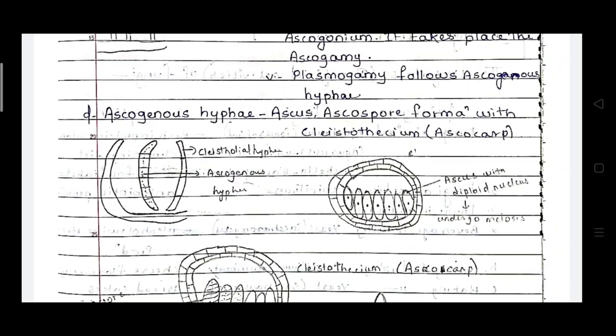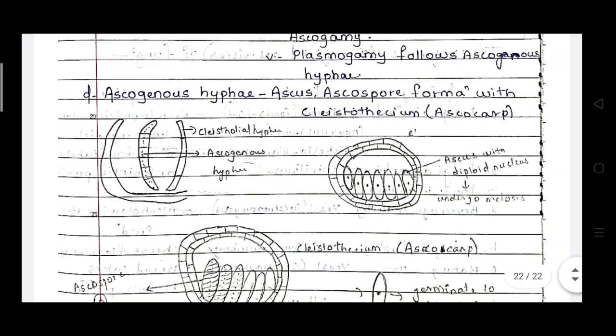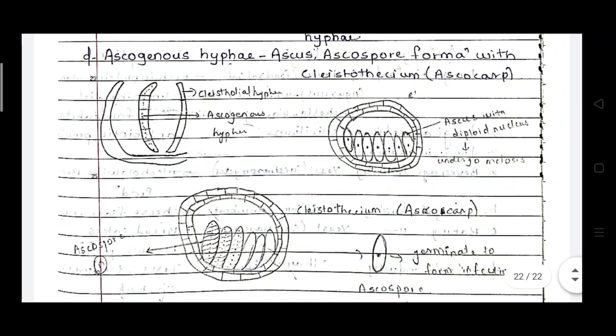The cleistothecium has a surrounding protective layer, and inside it the ascogenous hyphae is produced. The ascogenous hyphae produces the asci with a diploid nucleus.